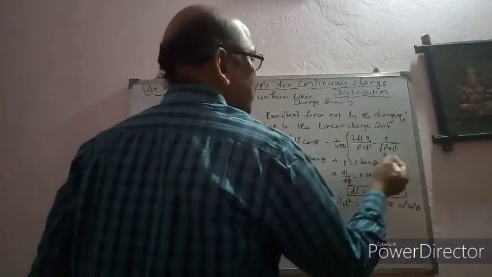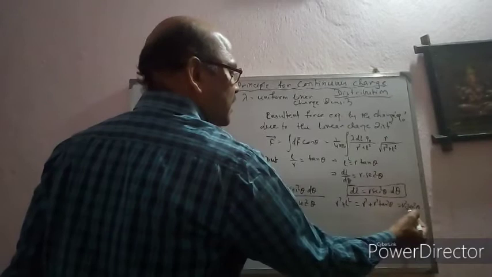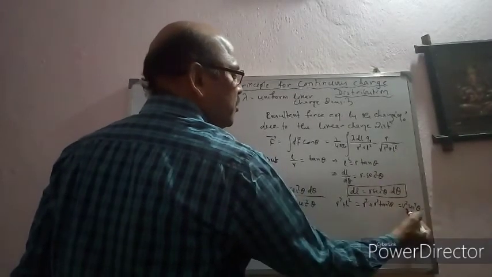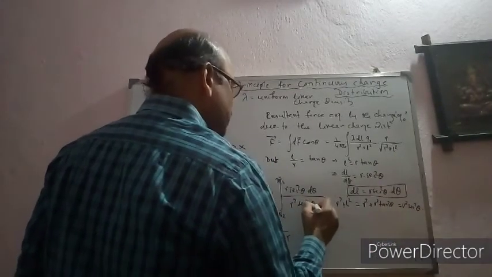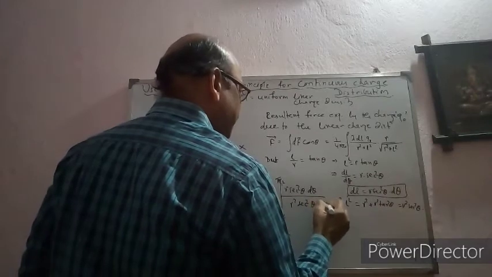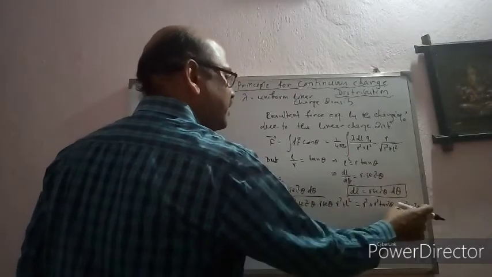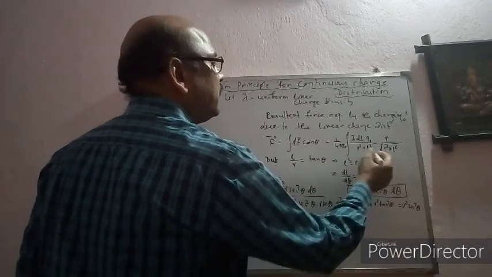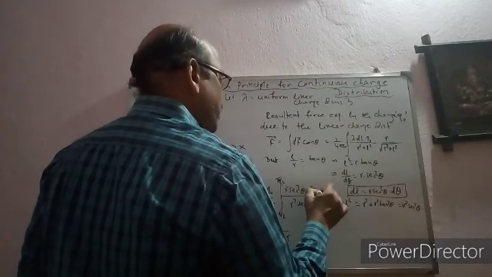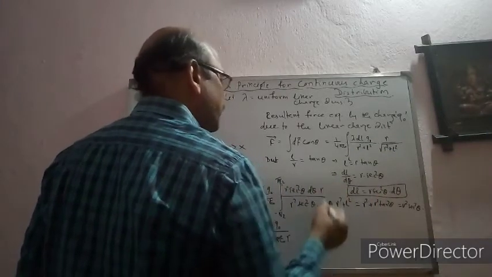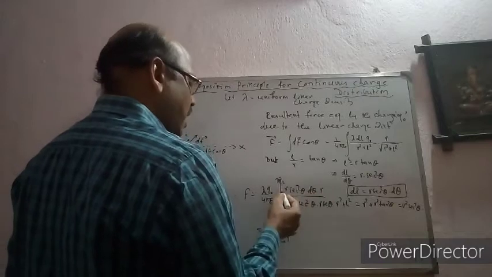Putting this value, R square plus L square is R square sec square theta, so its square root will be R sec theta. So this is into again R sec theta. One more R sec theta will be there in the denominator, and in the numerator another R will be there. So R into R, R square.